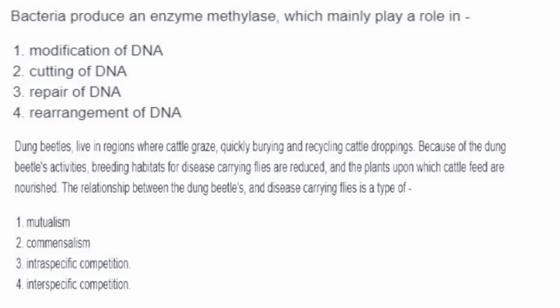Then, bacteria produce an enzyme methylase which plays a role in. Bacteria utilize methyl transferase, that is methylase, for modifying its own DNA. This is a part of the restriction modification system of bacteria. Once its own DNA is methylated, it will be prevented from digestion by restriction endonucleases.